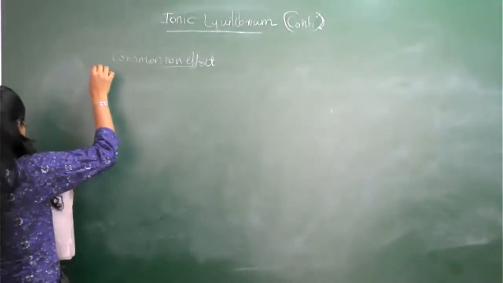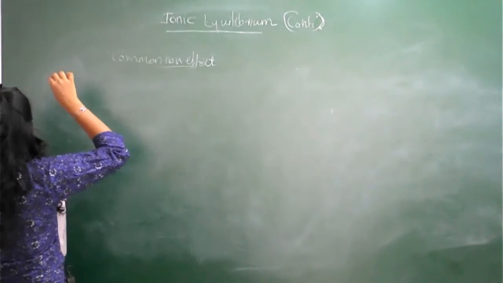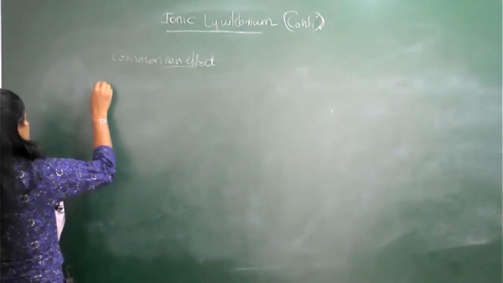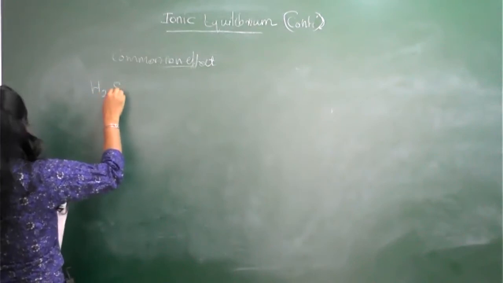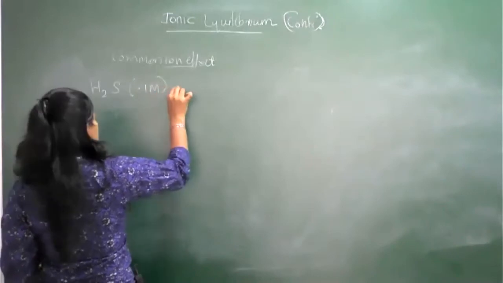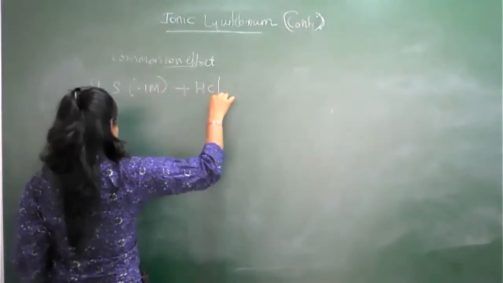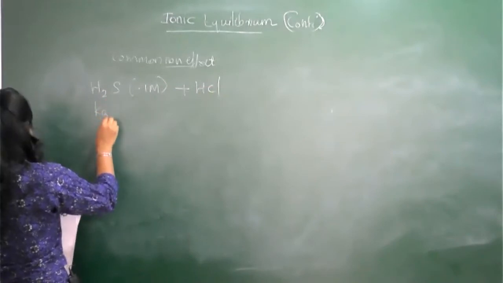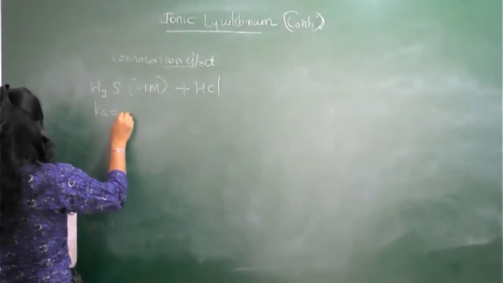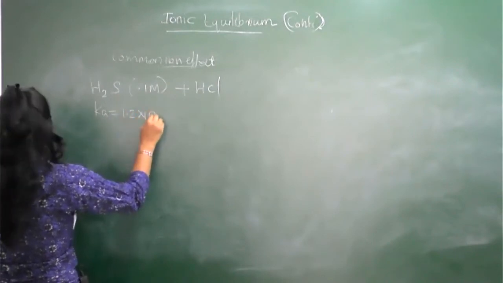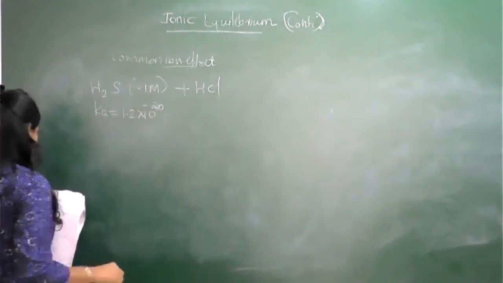Weak acid. This much information you have. H2S, weak one, 0.1 molar concentration, reacted with HCl. H2S Ka value is given to you, that is 1.2 into 10 to the power minus 20.